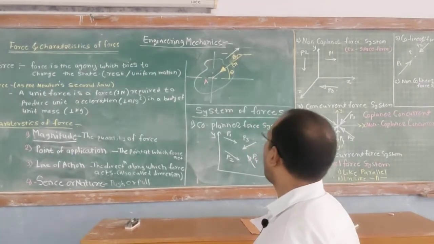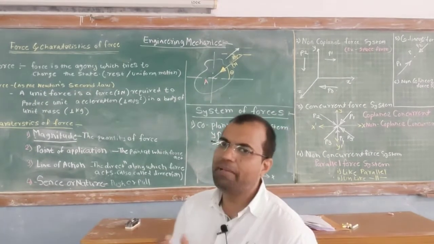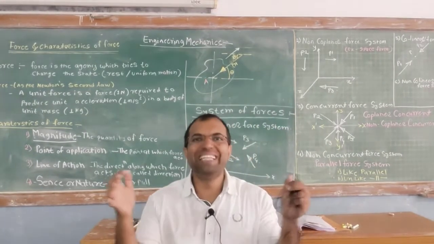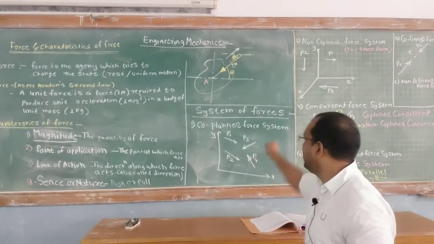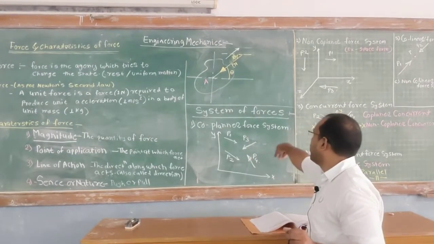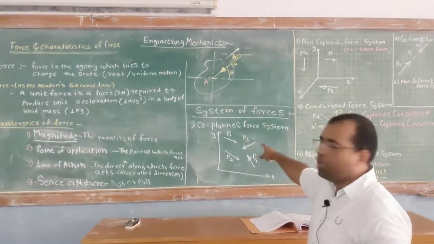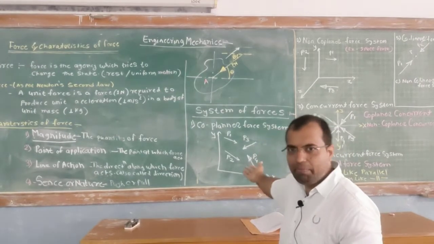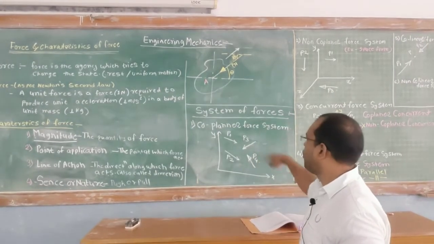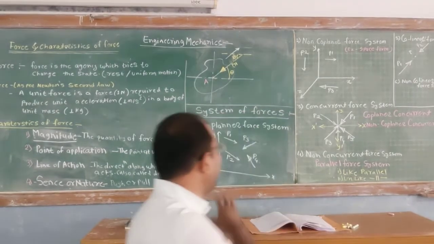The first one is the coplanar force system. The name itself indicates that coplanar means within the same plane. If the forces are acting within the same plane, then it is called a coplanar force system. If you observe, this is the xy plane. In that there are 4 forces P1, P2, P3, P4, which lie in the same plane.